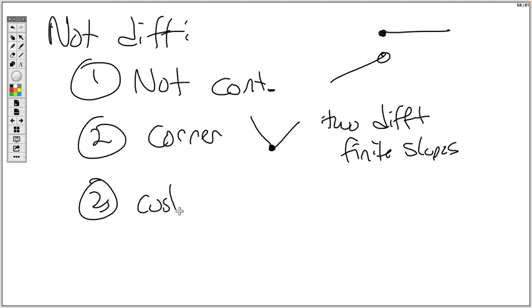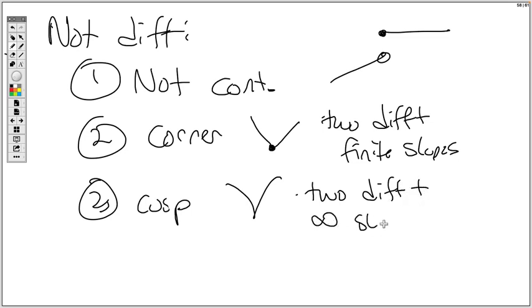You could have a cusp. So you have two different infinite slopes. So you got one going to infinity and one going to minus infinity.